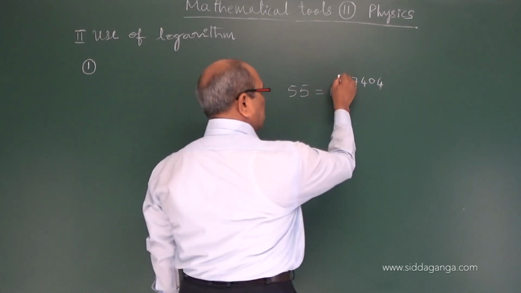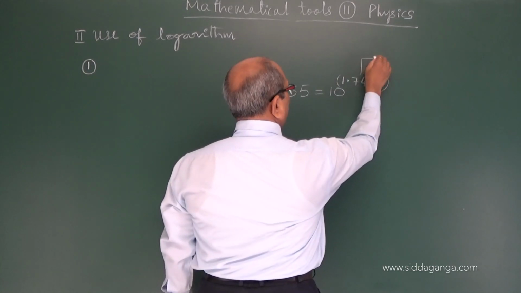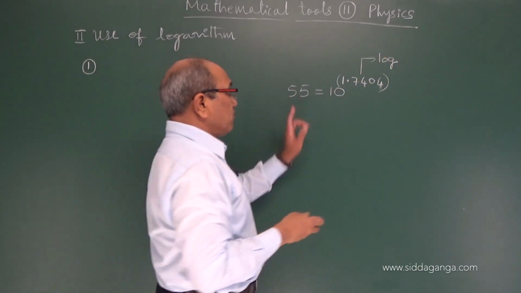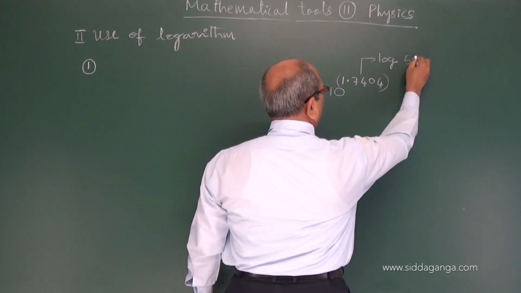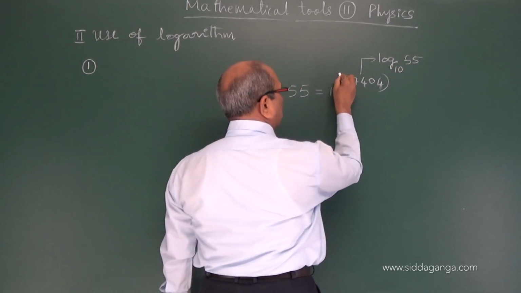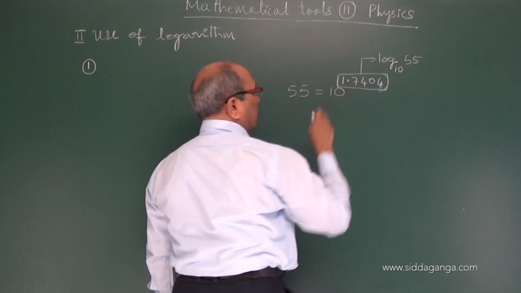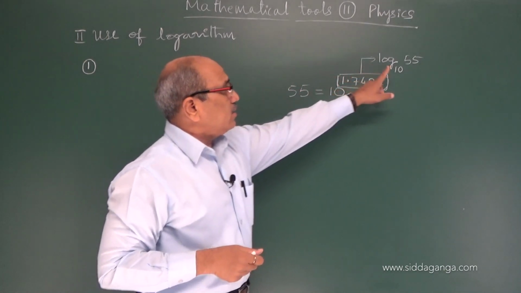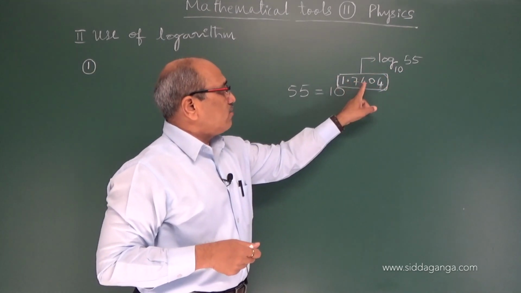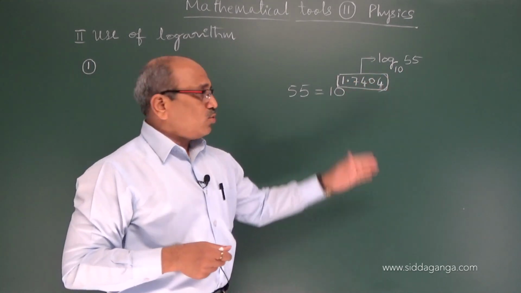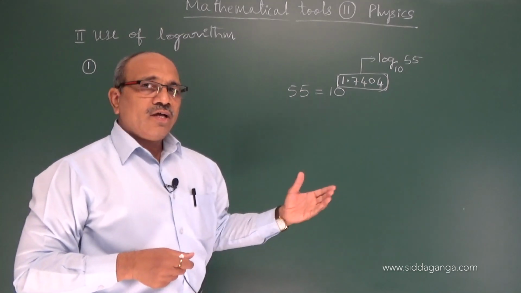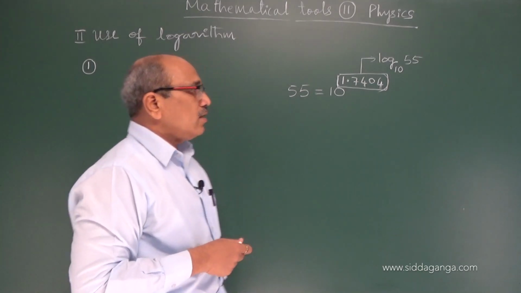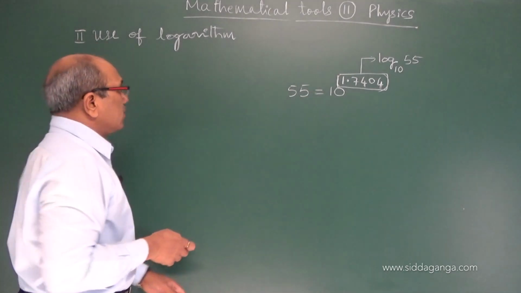This power is nothing but the logarithm of 55 to the base 10, which is 1.7404. How to find it, we discussed, and as we go through problems you will understand better. Let us come to the formulae.